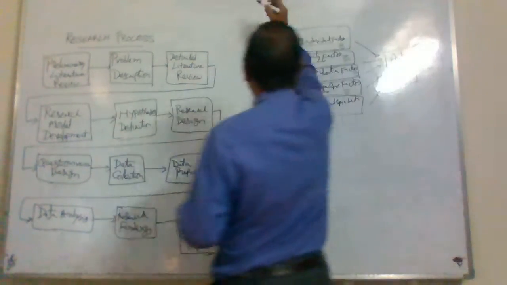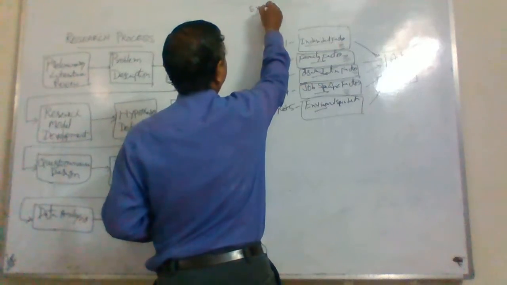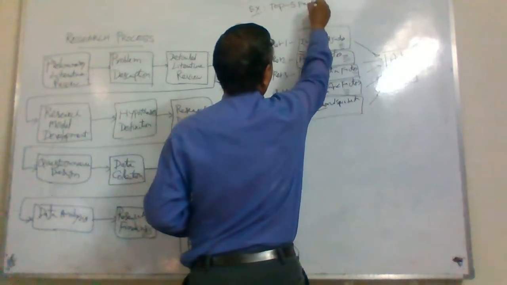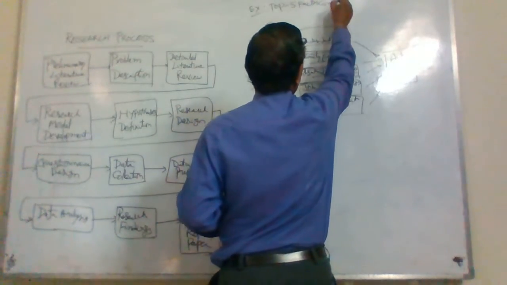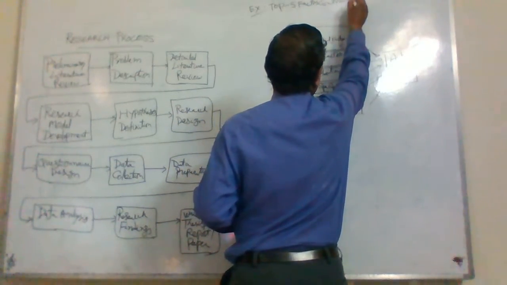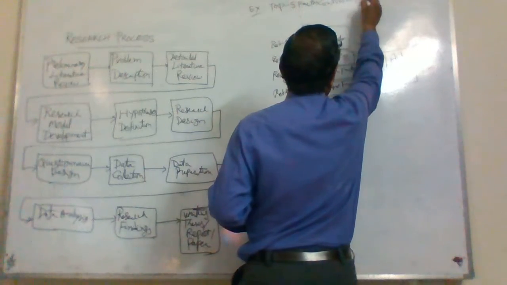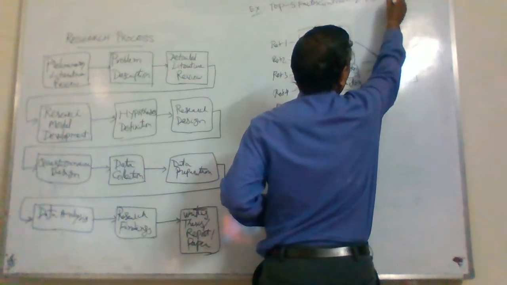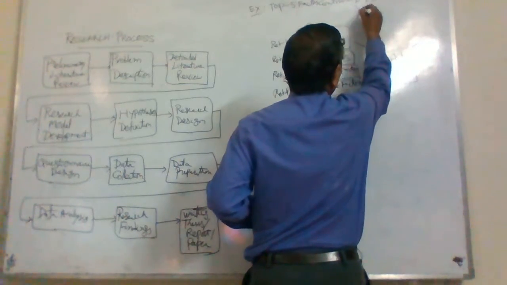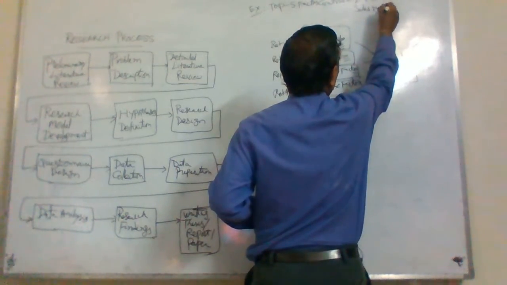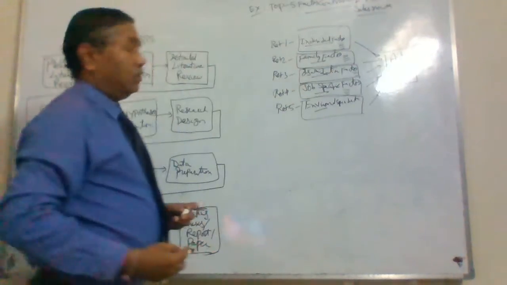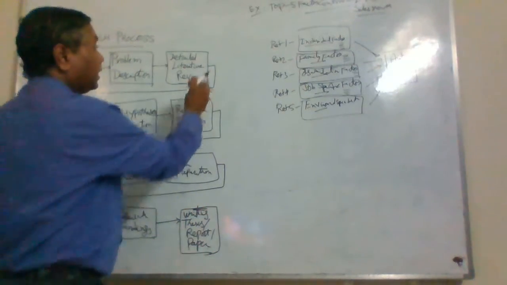So what is your main objective of research? The objective is to identify the top 5 factors contributing to automobile sales growth, right? This is your objective. So what did you find from the literature?